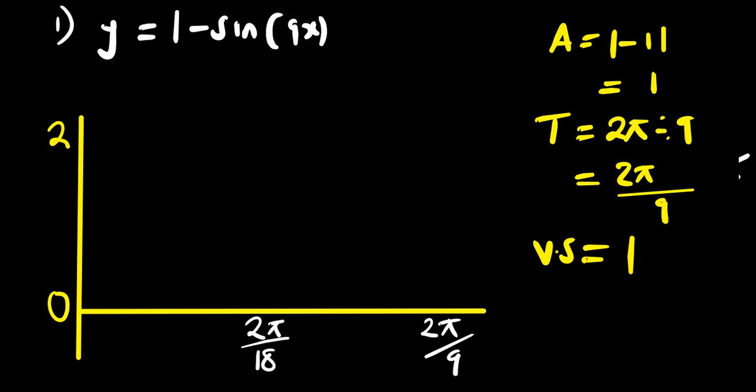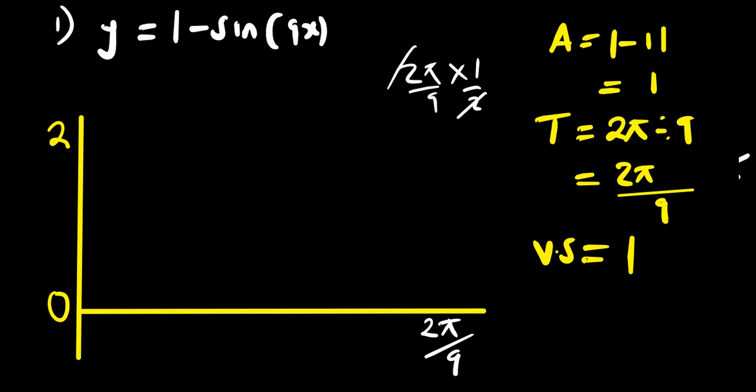I don't understand. Okay, now I understand. 2 pi over 9 multiplied by half.